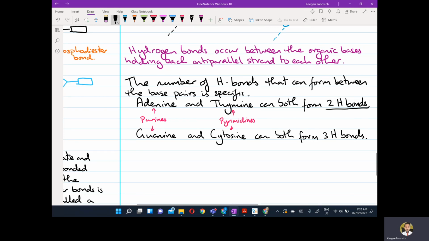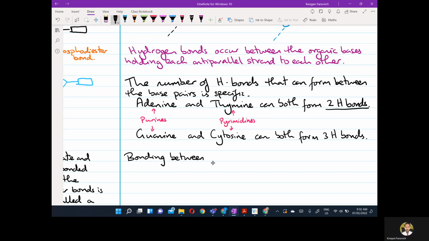It means that bonding between base pairs always occurs between one purine and one pyrimidine.